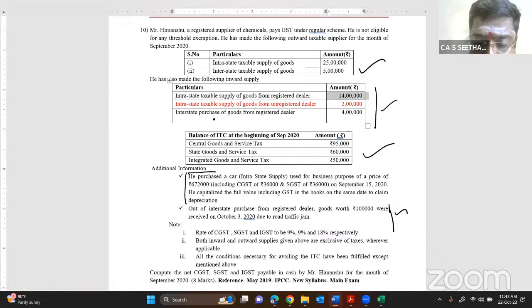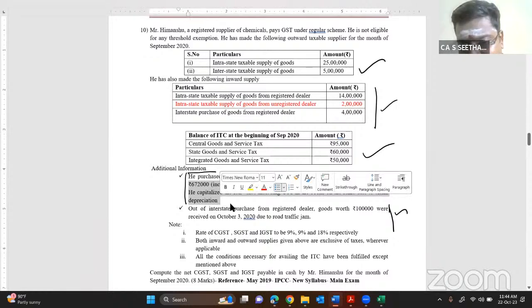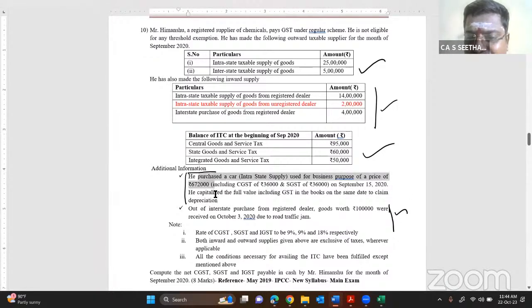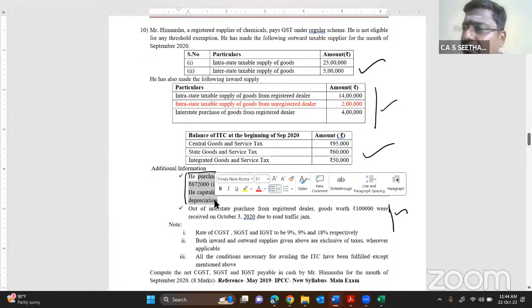And next one is, he has purchased a car for use of business purpose. Price is 6 lakhs, including GST so much. On 15th of September, he has capitalized the full value, including GST, in the books the same day for claiming depreciation. Guys, purchase of car is a blocked credit, isn't it? Because it's a motor vehicle designed for transportation of passenger.